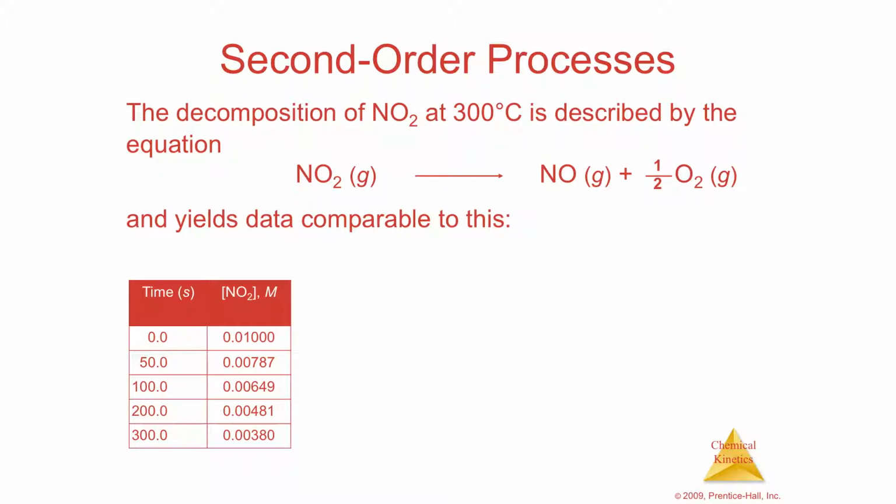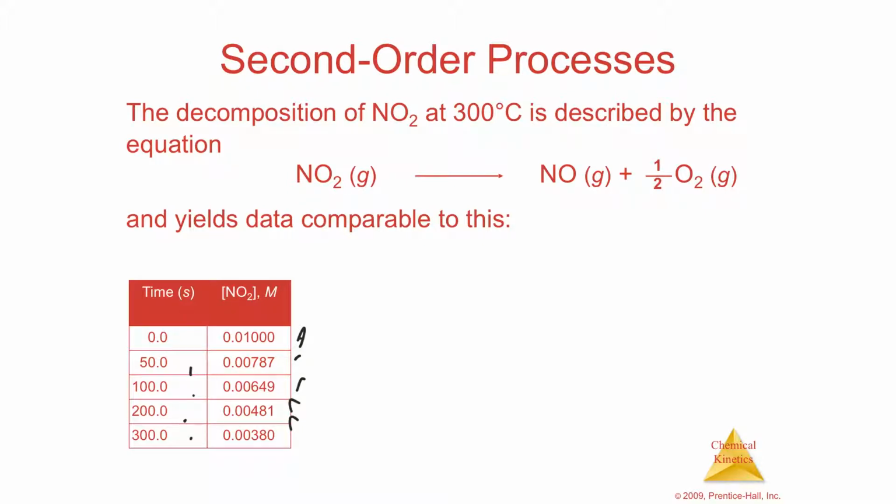So let's look at an example. Here is the decomposition of NO2 at whatever temperature described by an equation. So you've got an equation here, then you have a set of data. At a certain amount of time, you've got this concentration. At 50 seconds, you've got this concentration, etc. So you have a data set. Now, what did I say?